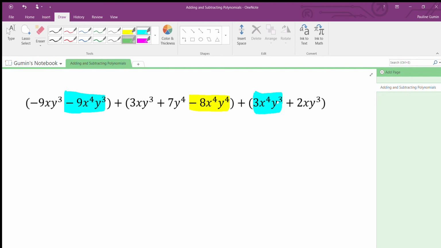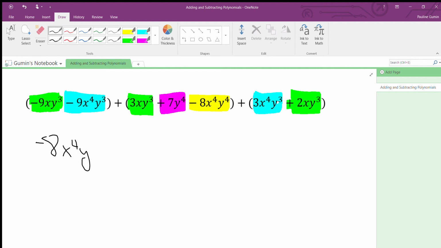Let's move down the powers of x, and that would be just a regular x to the power of 1, and it has a y to the power of 3. Here's another one. Is there a third one? Yes, there is. And then we have this guy, 7y to the fourth. That's going to go last. Okay, I'm beginning with the largest x and y exponents. Now let's combine the blue ones.